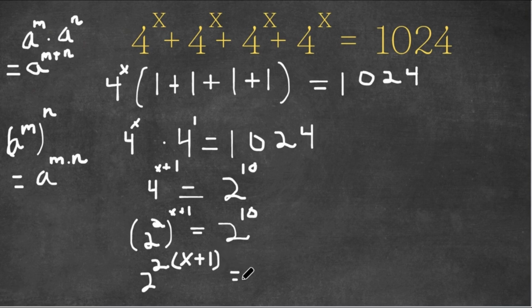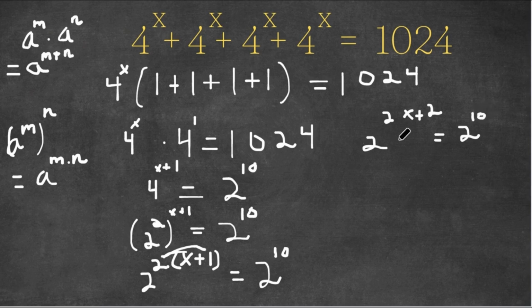And this is still equal to 2 to the power of 10. Now, we have to distribute this 2 to all the terms in our parentheses. So 2 times x is 2x, and 2 times 1 is 2. So we have 2 to the power of 2x plus 2, and this is still equal to 2 to the power of 10.